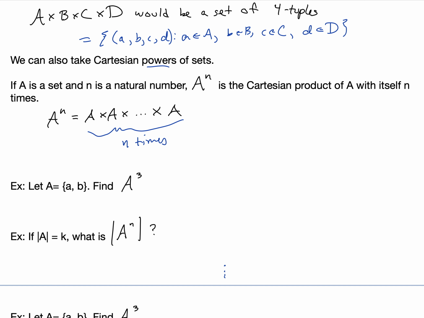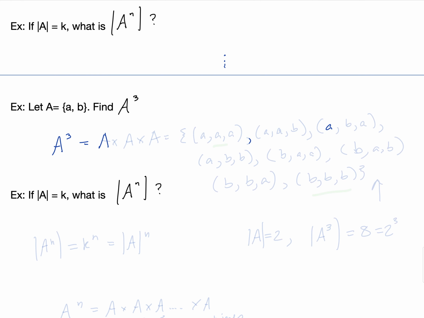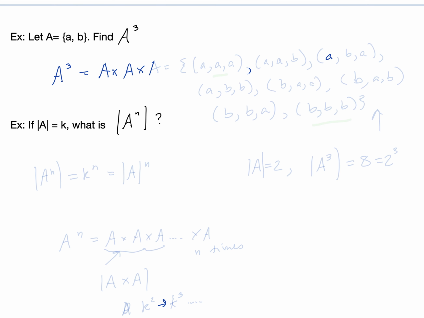Okay, so A to the 3rd is A cross A cross A. So those are ordered triples. So (a, a, a) would be an element where a is in the first set, a is in the second set, and a is in the 3rd set. It's in each of those sets. Another element would be (a, a, b). Another element (a, b, a). Another element (a, b, b).